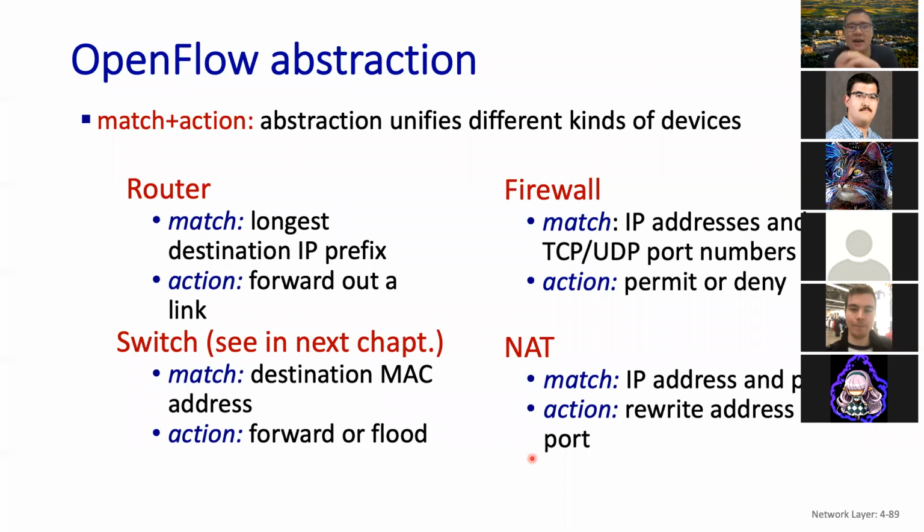So this is the OpenFlow abstraction. It defines different kinds of devices and functionality: router, firewall, NAT, switch. You can define them all in a software layer. That's why we call it software-defined networking. You can program it.